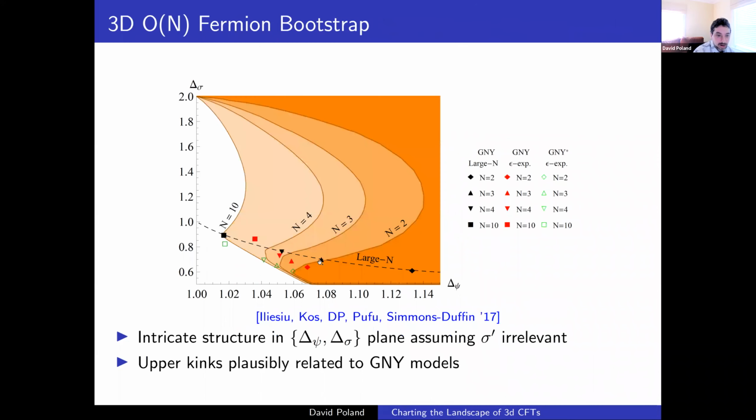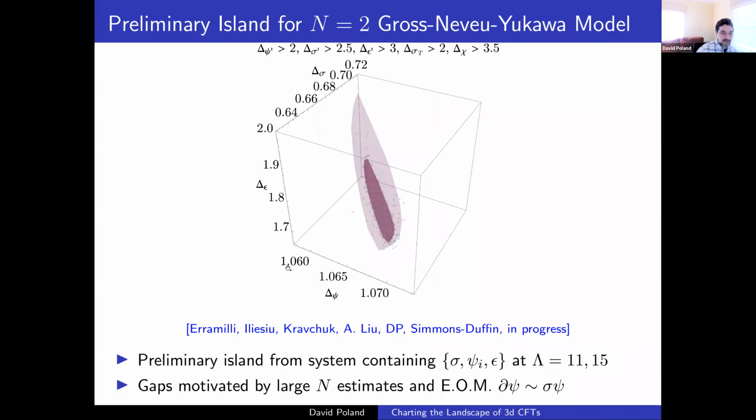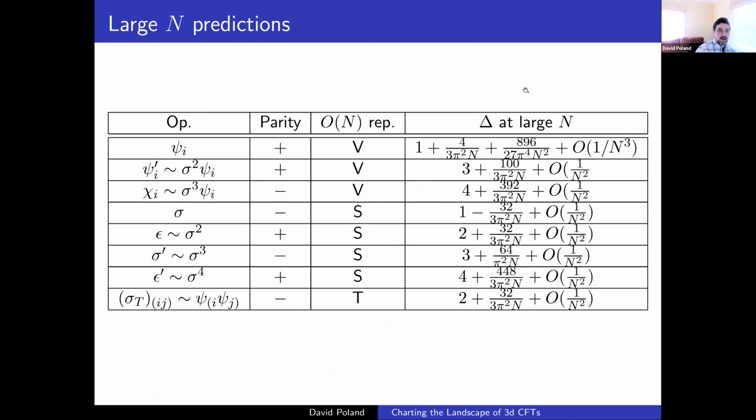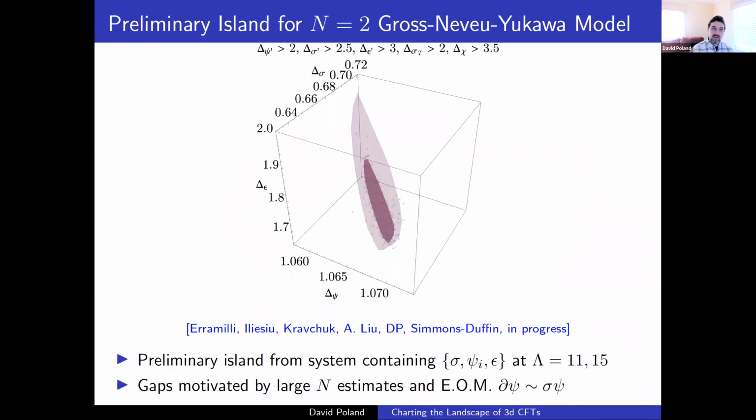We basically could turn this tip into an island, which is right around this point. To get this island, we have to make various assumptions about gaps in the different channels. These gaps are motivated by the large n spectrum that I showed you over here, and are hopefully chosen to be safe even at small n. But using these mild gap assumptions, we can carve out a region.